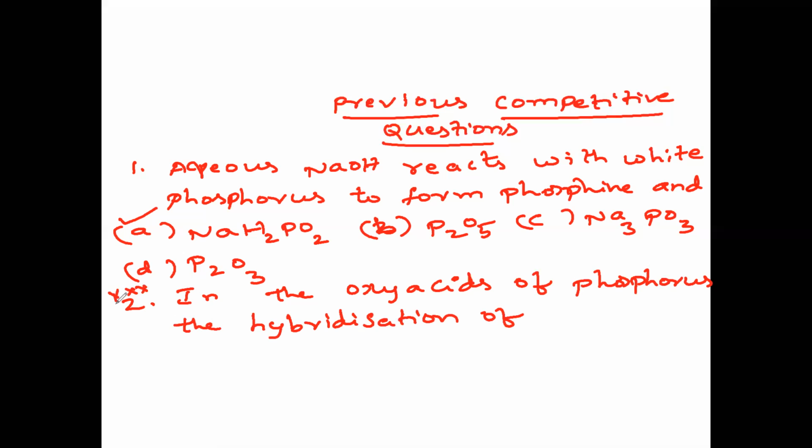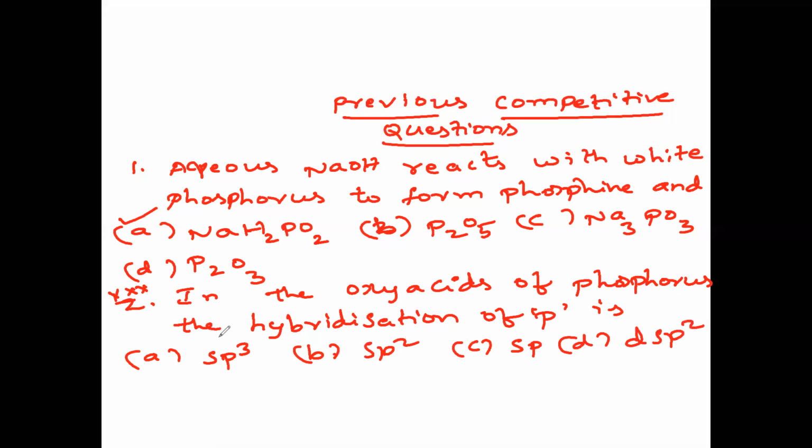All the phosphorus will undergo only one type of hybridization. The options are: first, sp3; second, sp2; third, sp; and fourth, dsp2.